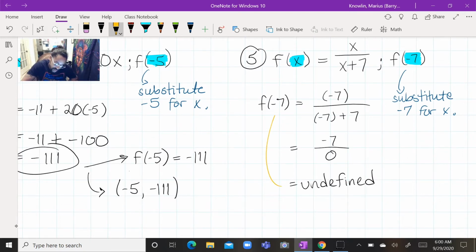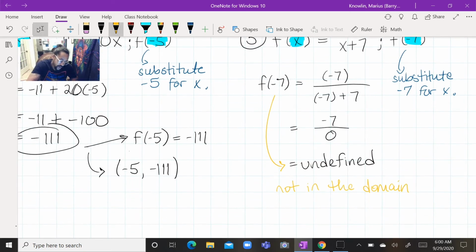Now, because we did not end up with a value, this means that this does not exist. Because this ended as undefined, it's not possible, you're not allowed to have 0 in the denominator, so this is said to be not in the domain. Okay?